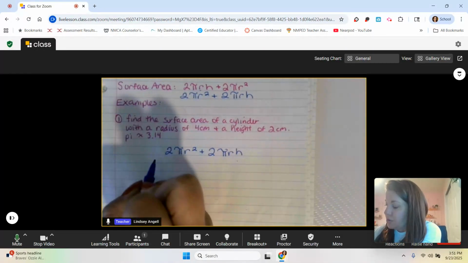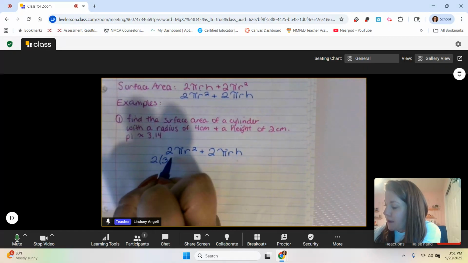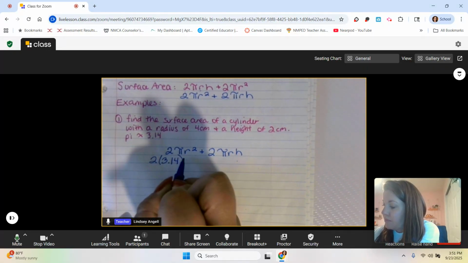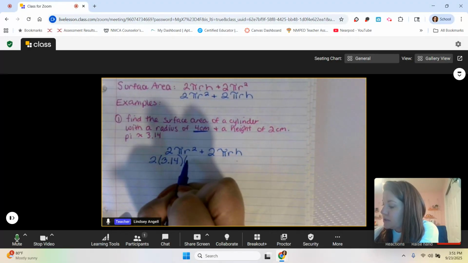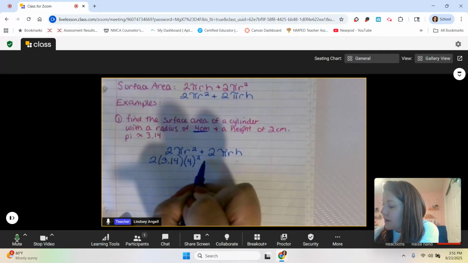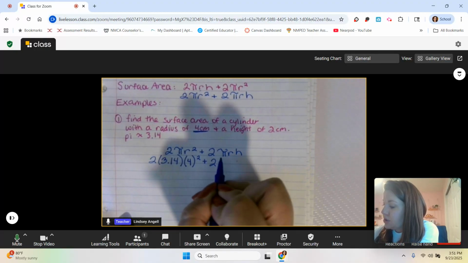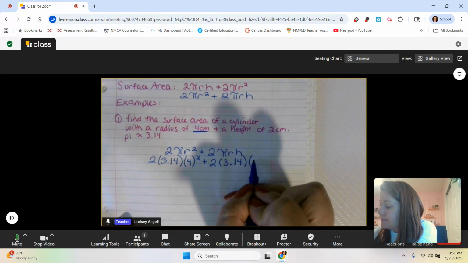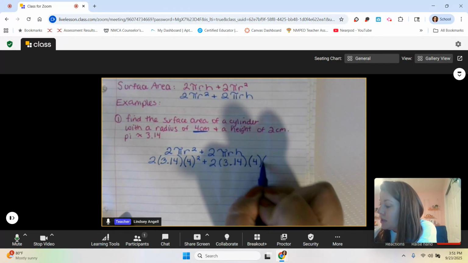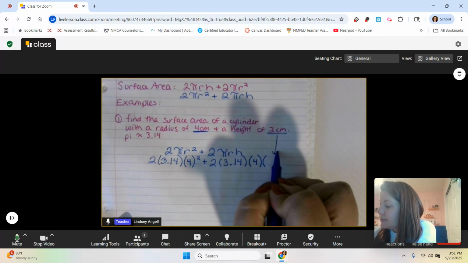So we've got 2. And then pi, like I said, we're going to use 3.14. And then our radius was 4 centimeters, so I've got 4 squared plus 2 times pi times the radius, which again was 4, times the height, which is 2.